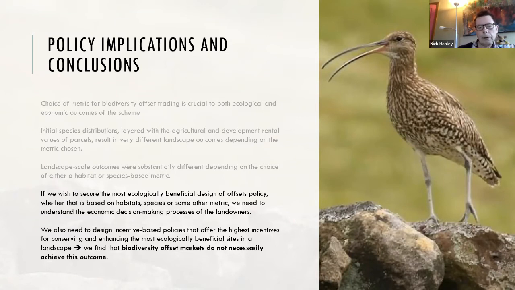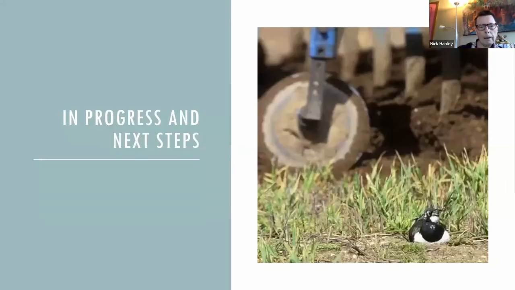So we couldn't conclude from this work that offset markets alone are going to protect our most ecologically valuable sites. But I guess we never assumed that anyway, or at least I hope nobody assumed that.